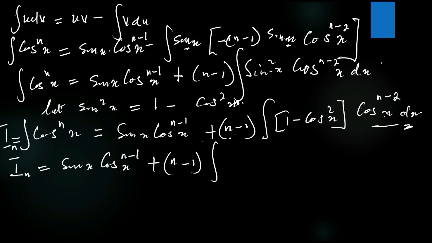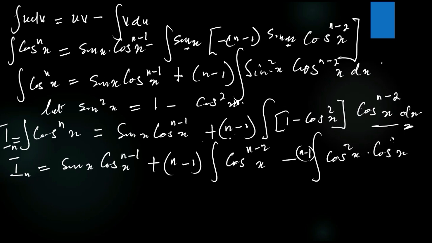So the first set will be the integral of cos x raised to power n minus 2, minus, open another integral again, I have n minus 1 here again, into cos squared x dot cos x raised to power n minus 2.